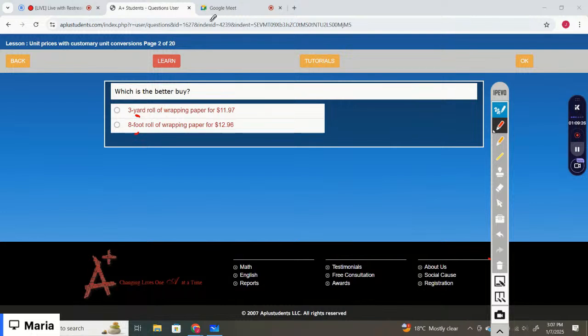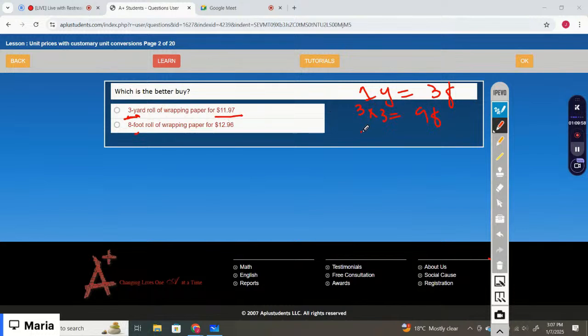First convert them into the same unit and then do the calculations, right? 1 yard equals 3 feet. We convert this 3 yards: 3 times 3 makes 9 feet.